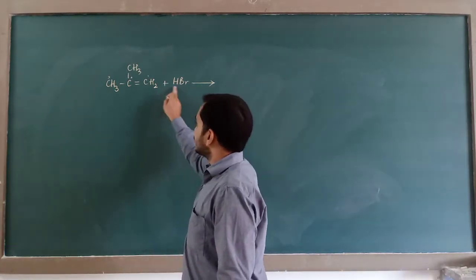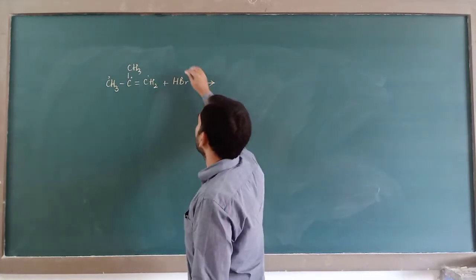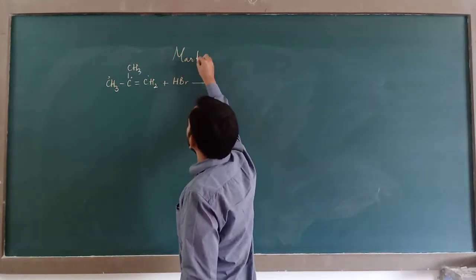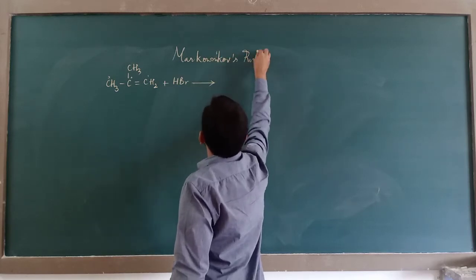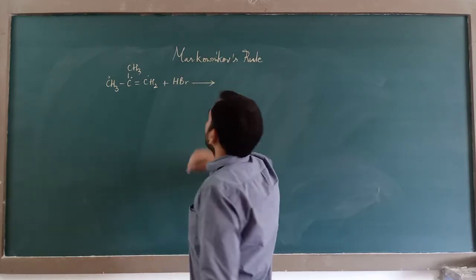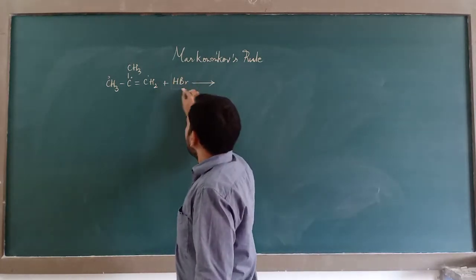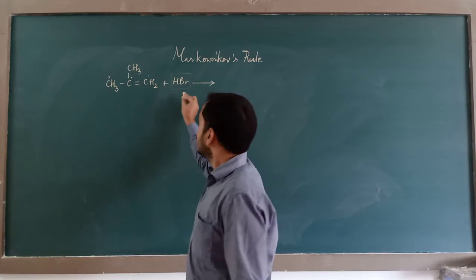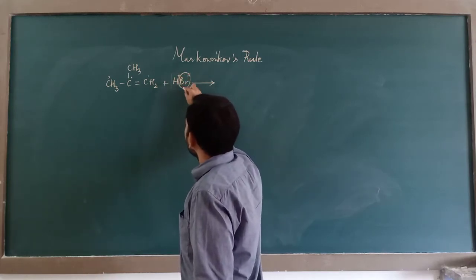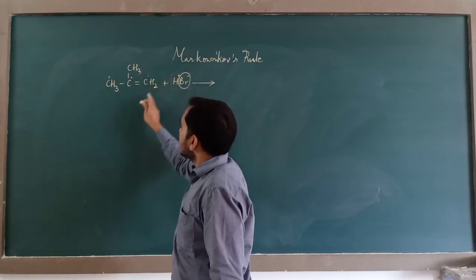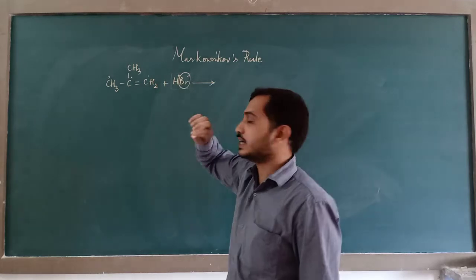So addition of HBr to unsymmetrical alkenes is done according to a rule called Markovnikov's rule. So this question is based on Markovnikov's rule. According to Markovnikov's rule, the negative part of the adding molecule should go to the carbon atom containing less number of hydrogen atoms.